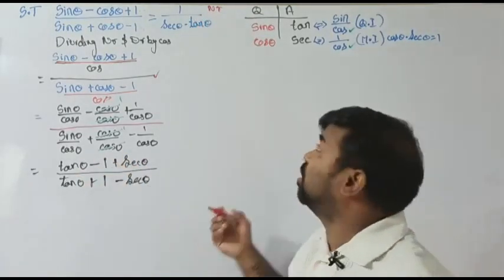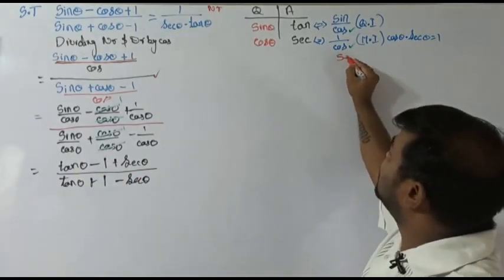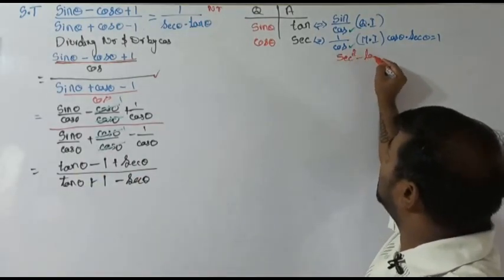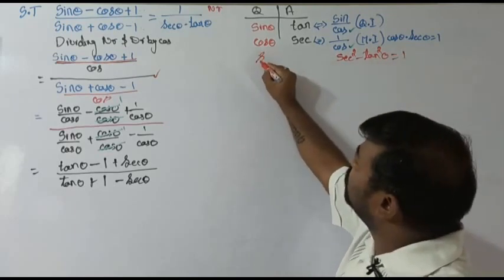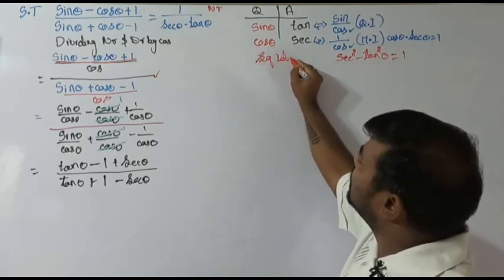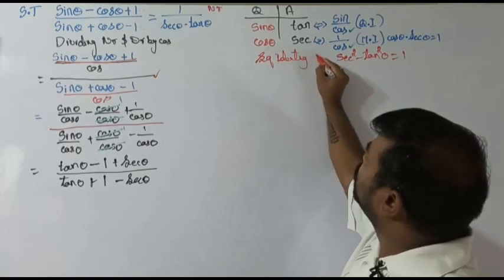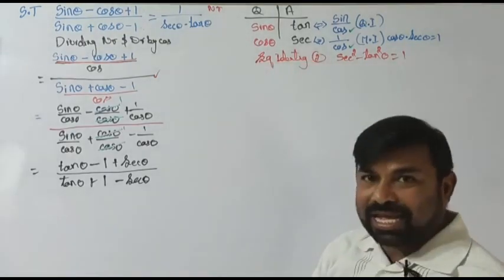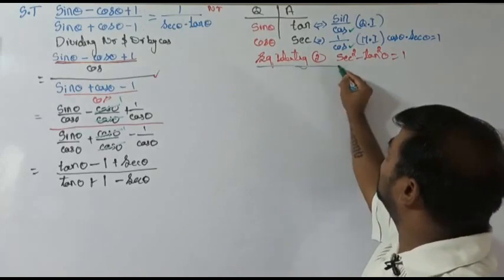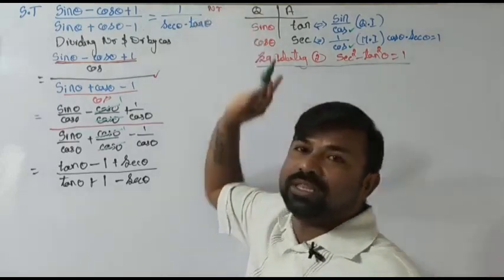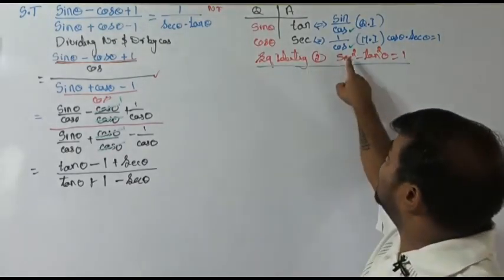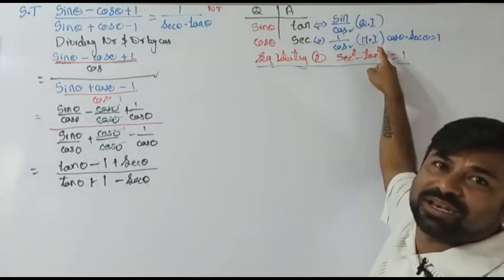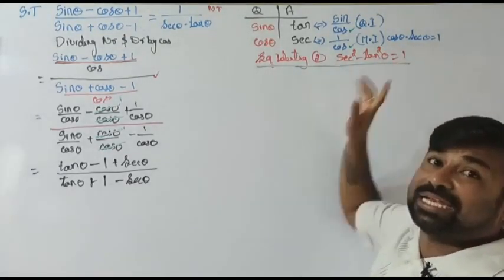You have to remember the only method: secant square theta minus tan square theta is equal to 1, which is nothing but the square identity. With the help of this, this is the only thing which can bring 1 in the numerator. So our concept is only one thing. What is that? We need secant square theta minus tan square theta so that we can get 1.